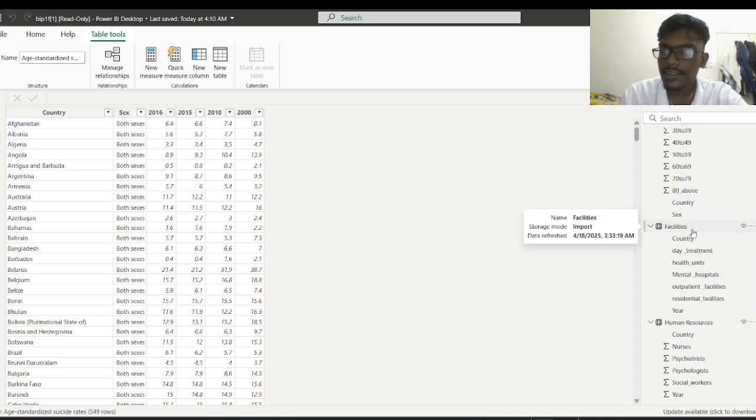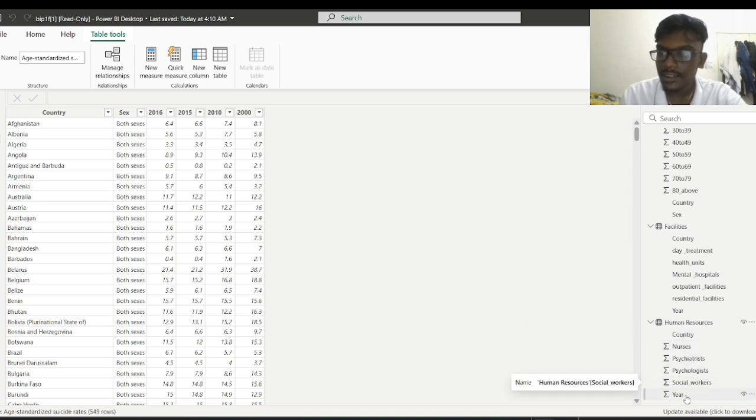For the facilities, it will show the country, day_treatment, health_units, mental_hospitals, outpatient facilities, residential facilities, and year. For the human resources, it will show the country and nurses, psychiatrists, psychologists, social workers, and also year.